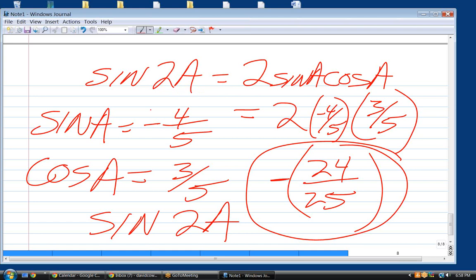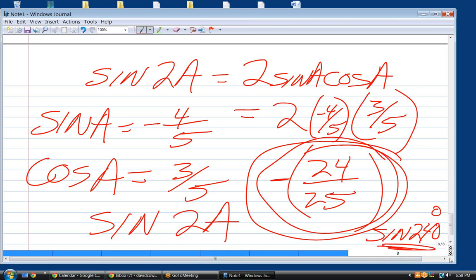If you double it, that's 600, which is the same as 240, and the sine of 240 is third quadrant, negative. So we have our sine proper if the angle was 300. When you double a fourth quadrant angle, it seems to always put it in the third quadrant.